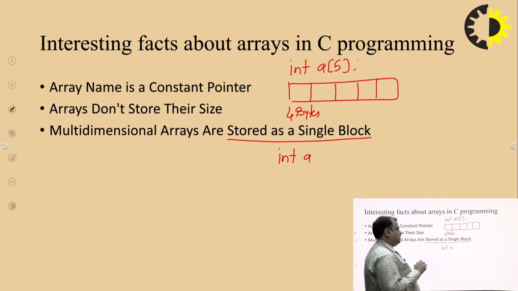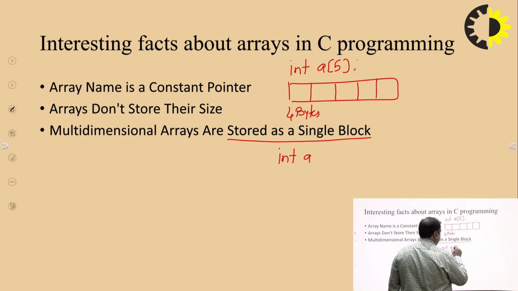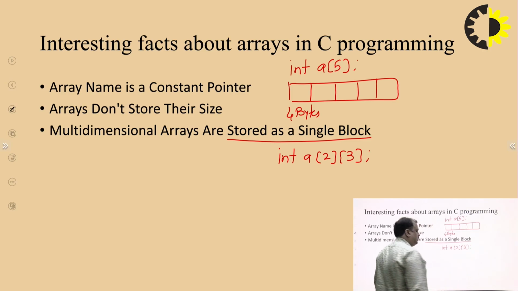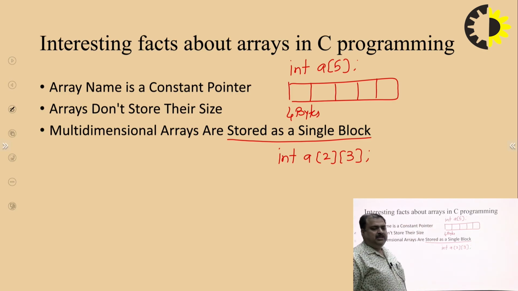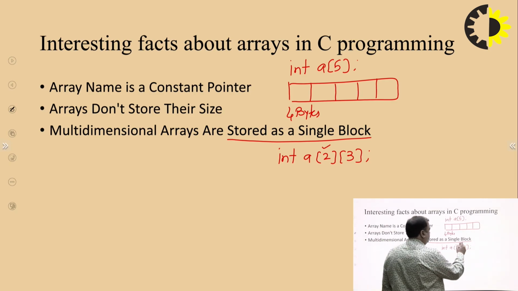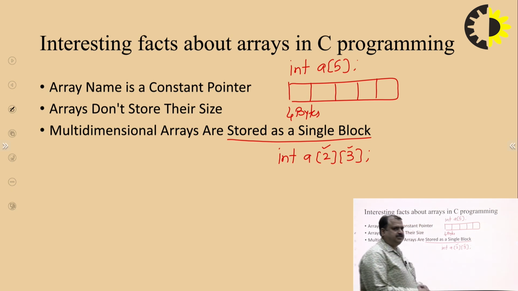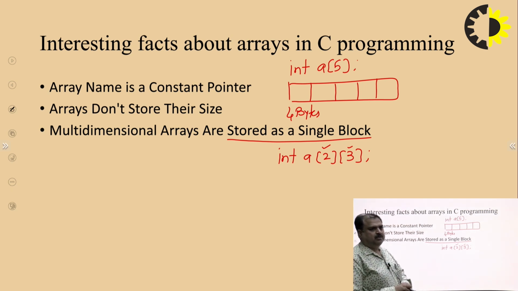So like I want to have a 2D array. So I am having A[2][3]. A 2D array will be a kind of table, with rows and columns. The first subscript specifies the number of rows and the next specifies the number of columns.